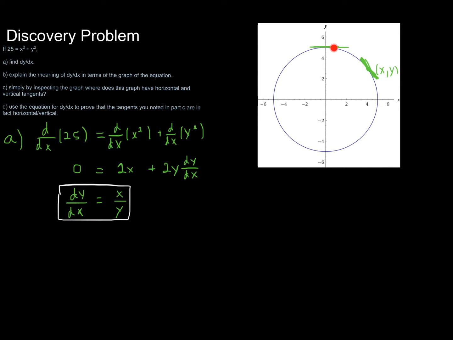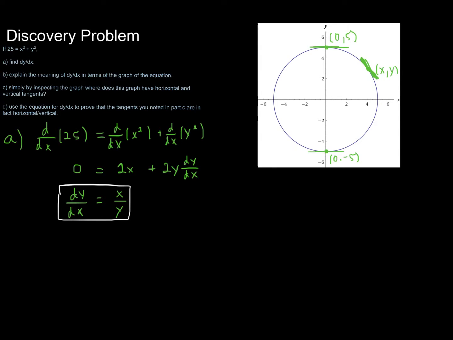I might want to stop here and say that's the point 0, 5. We'll just label it 0, 5. But if I keep rotating around, I'll notice that there's another point down below where the tangent is also going to be horizontal at 0, -5.